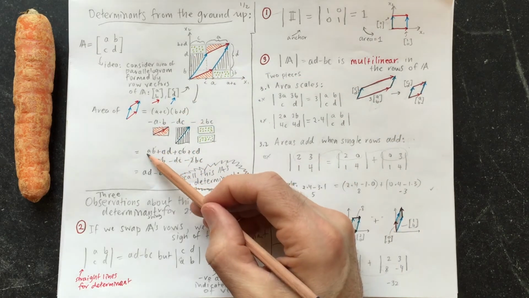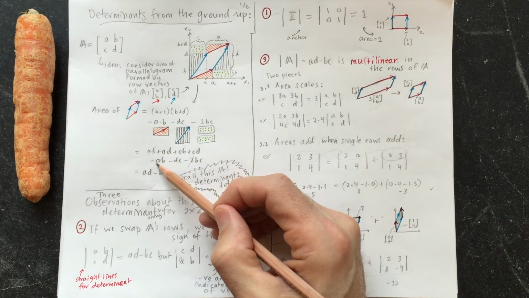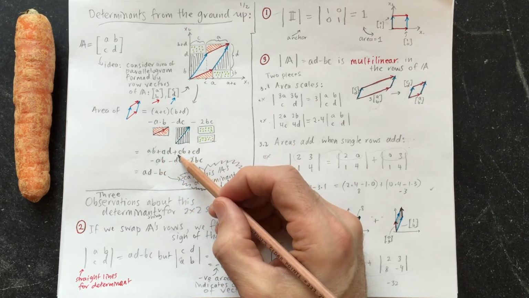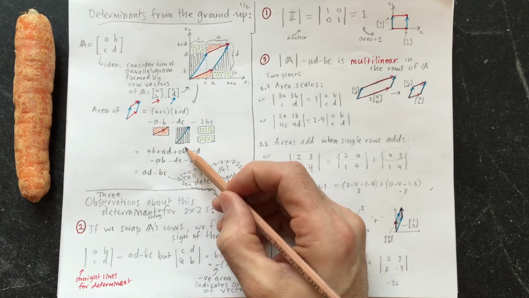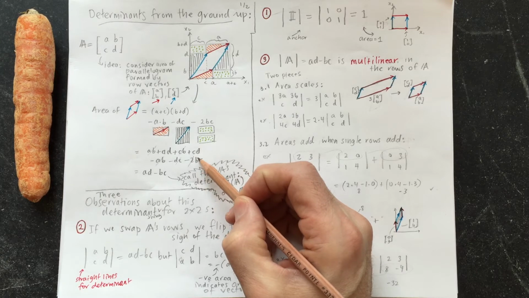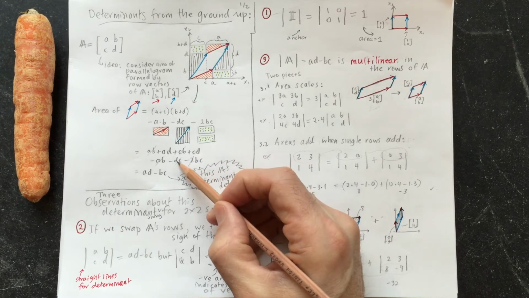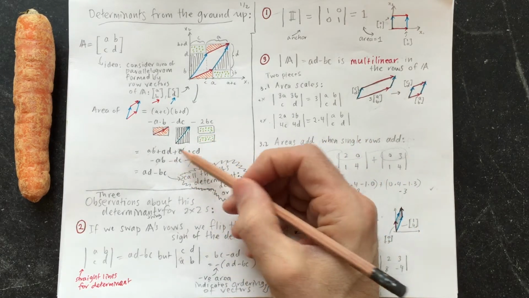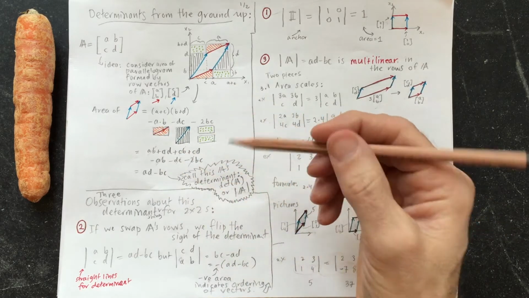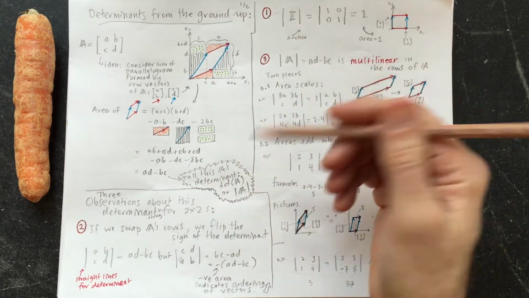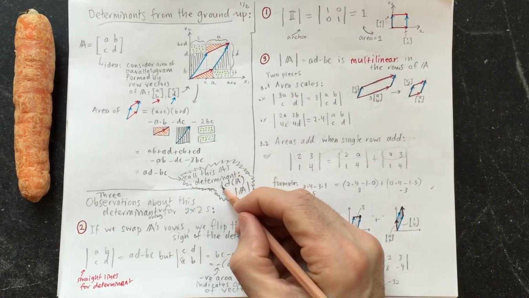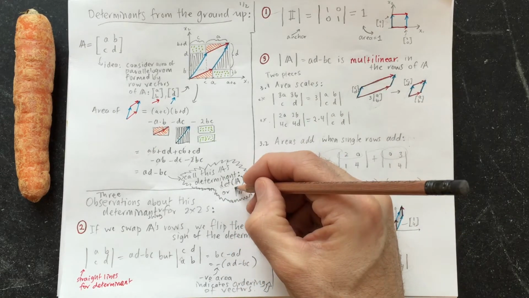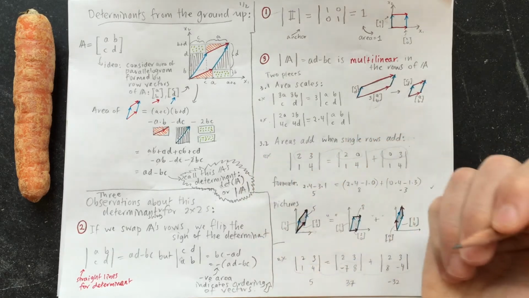And then various things cancel out, so the ABs go away, the CBs go away, this CB goes away, and we're just left with minus BC. This CD and this CD disappear. So we're left with AD minus BC. We'll call this A for 2x2. This is the determinant, and we write it as det of A, or, and we use this a lot, just straight lines around A.